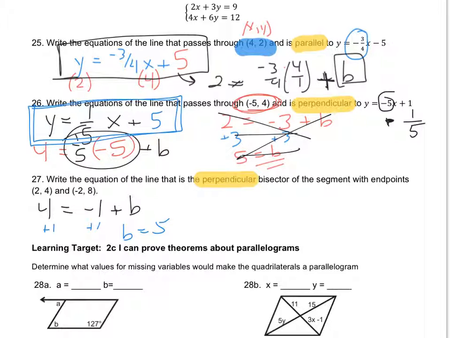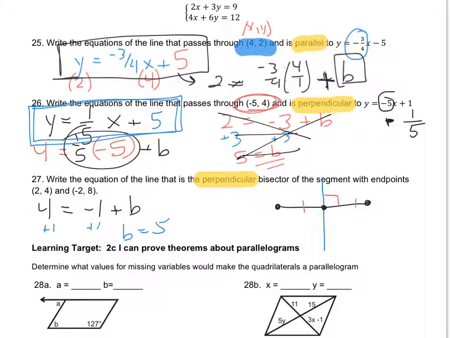Question 27 is similar. If it's going to be a perpendicular bisector, I know that I'm going to use a perpendicular slope, but what slope, you say, might I use? Well, if I think about the situation, if I have a perpendicular bisector, I'll mark it perpendicular, I also know that these lengths are equal. So this point where these two lines intersect is important.